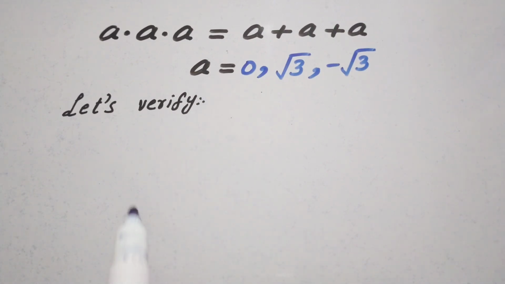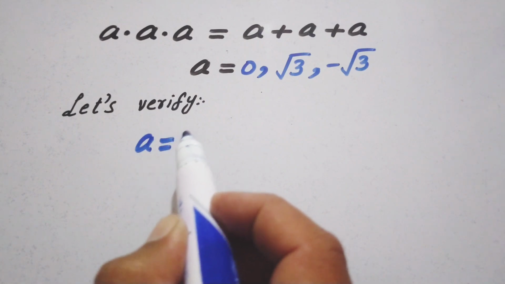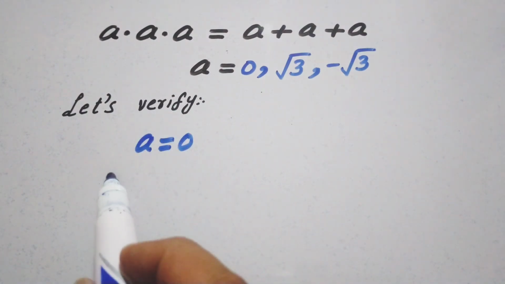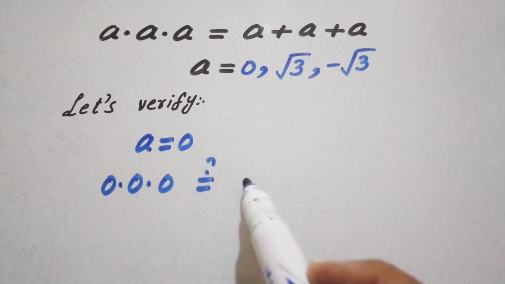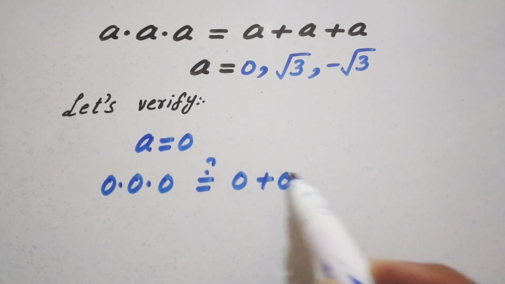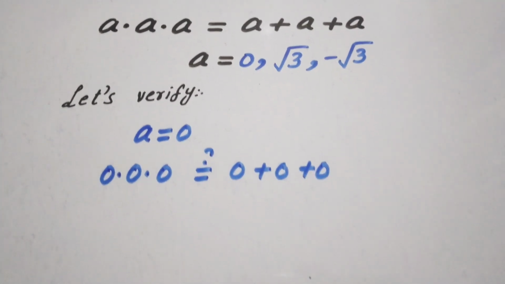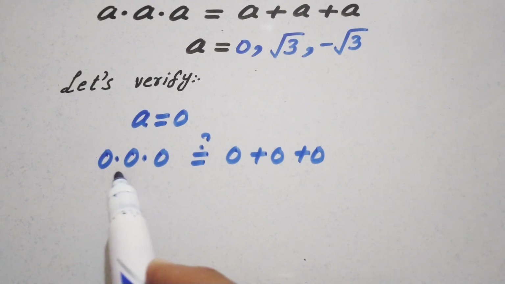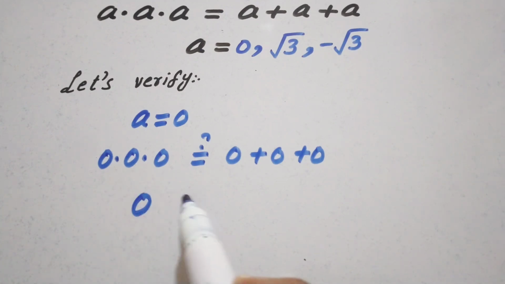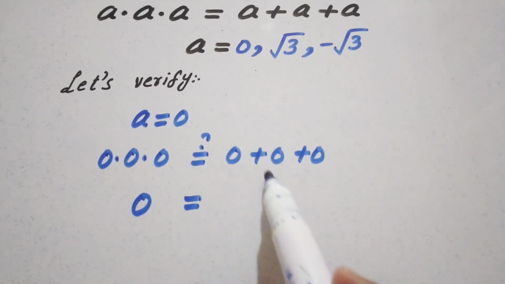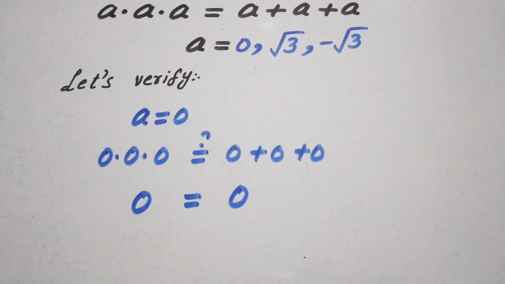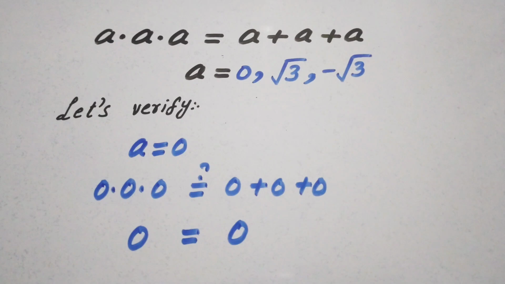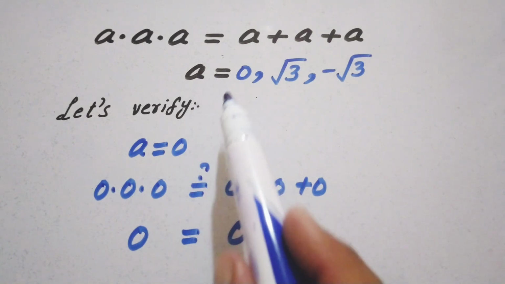When a is equal to 0, this implies 0 multiplied by 0 multiplied by 0, whether it is equal to 0 plus 0 plus 0. It is clear that 0 multiplied by 0 is 0, and on the other side nothing is added, so it means 0. So the left-hand side is equal to the right-hand side.